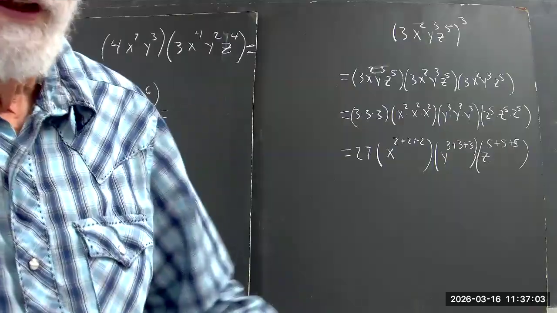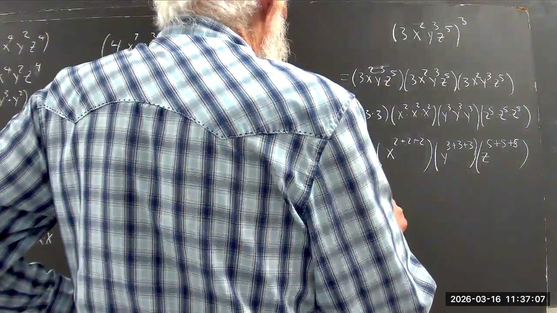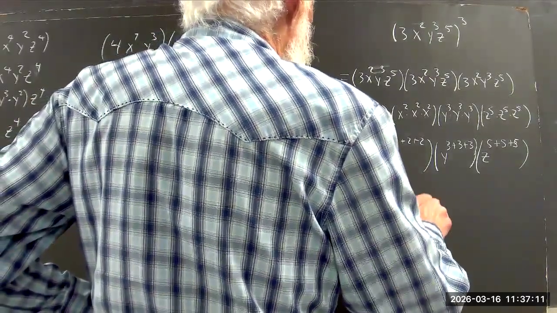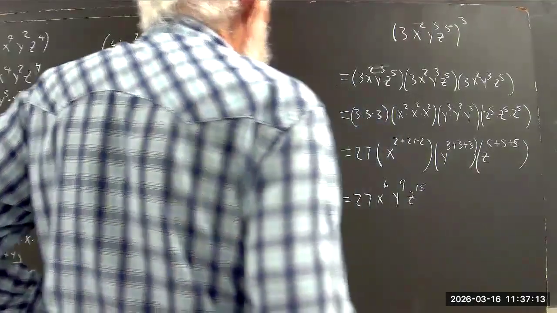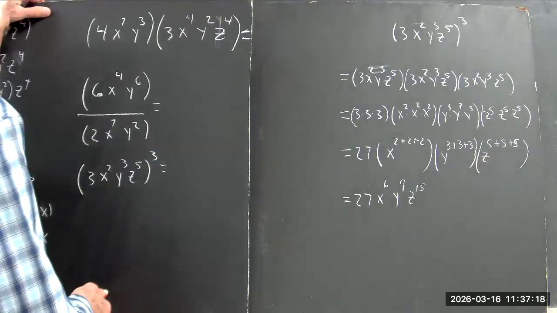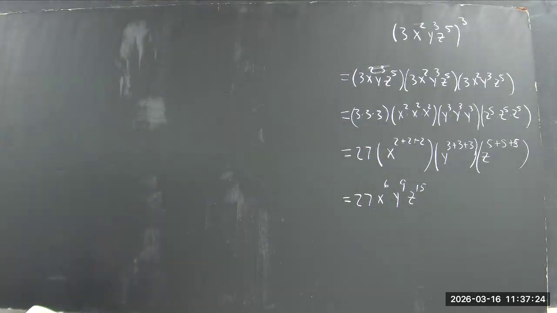All these z's and all the x's and everything were written out. But that gives us 27x to the 6th, y to the 9th, z to the 15th. Everybody okay with that? Seem pretty obvious? It does until you start confusing multiplications with additions. It's really easy to do that.